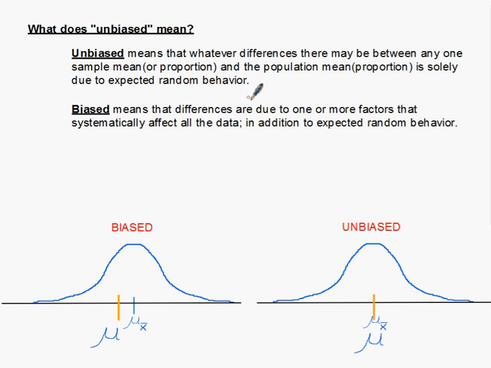That's unbiased. Now, when it's biased, we have that expected random behavior, but in addition, we have one or more factors that systematically affects all of the data, which creates this shift. In practice, it's pretty hard to identify bias sometimes.